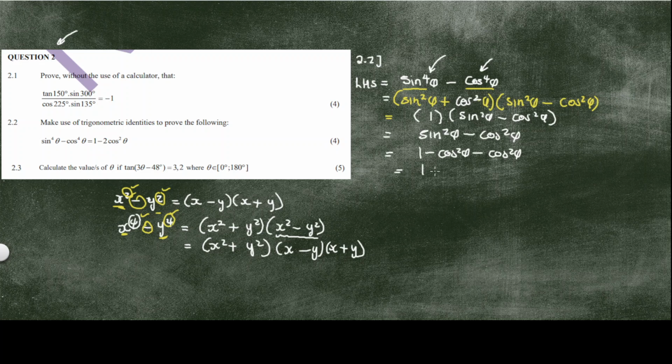Then this and this combined give us a minus 2 cos squared theta, which is the same as the left hand side. It's proven now. It has been proven. Okay, this one I don't have to do.